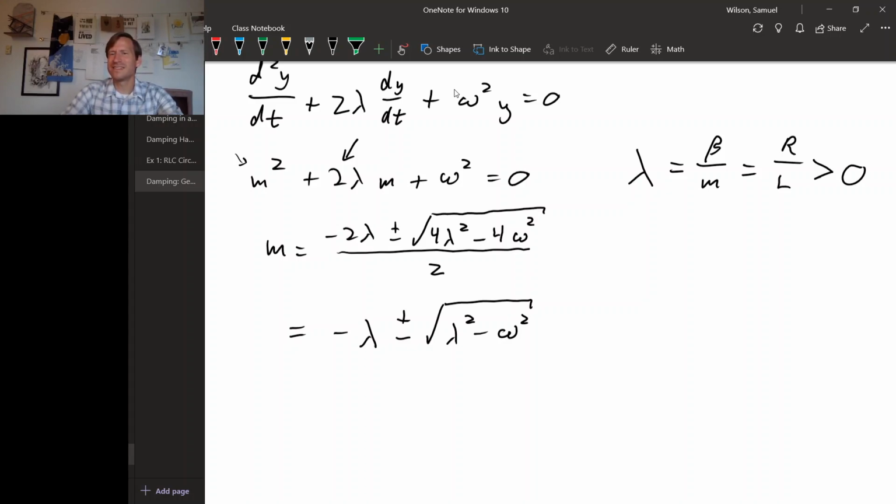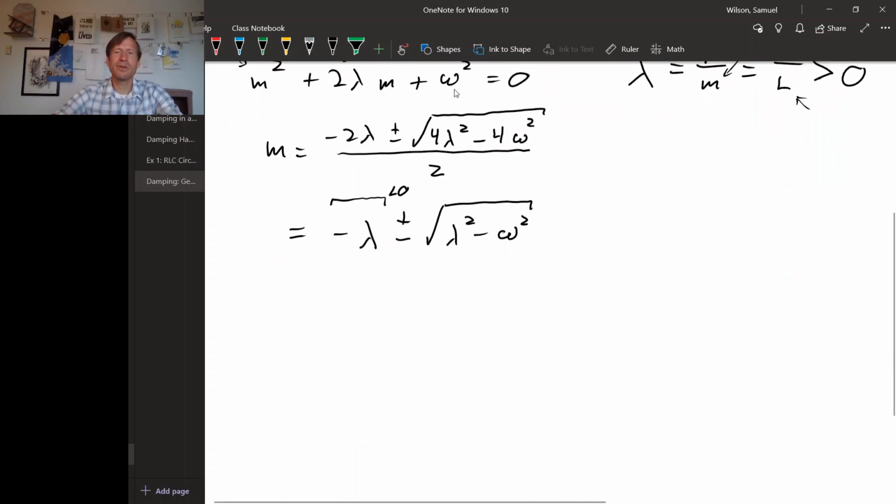It doesn't make sense to have negative mass or a negative damping coefficient or negative resistance or negative inductance. None of those things can be negative. They all have to be greater than or equal to 0. And so lambda itself is always positive. And that means that this part, minus lambda, is always negative. So that's something that we'll keep in mind. This term out in front always is negative.